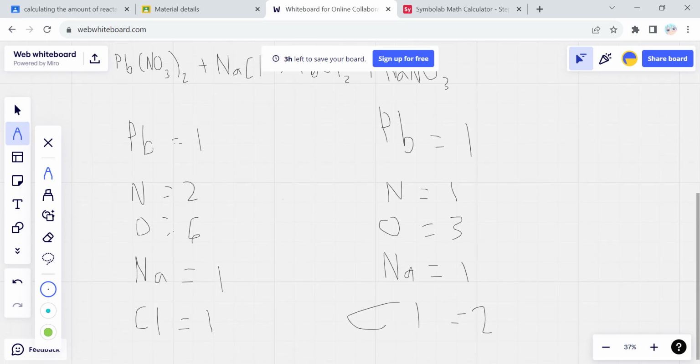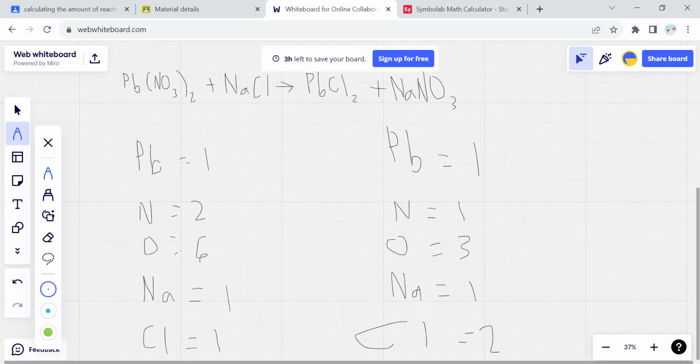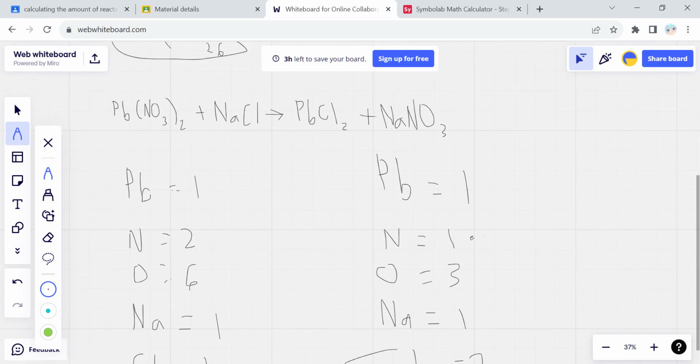So let's start with our nitrogen. We're gonna multiply this by 2 to balance them.